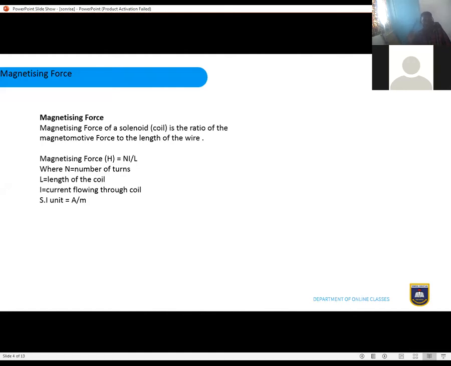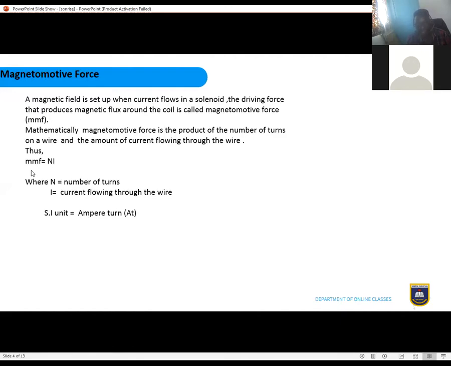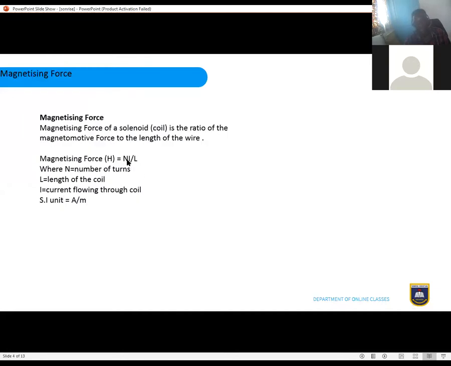H equals NI over L. We said NI in our previous slide is our MMF. Now we have the same NI here, which is the MMF over L. So magnetomotive force divided by the length of the coil gives your magnetizing force, which is H.